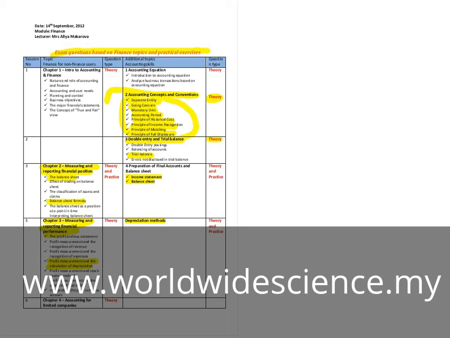Next one, the trial balance: you have 2 theory questions. Next one, about measuring and reporting financial reports based on the balance sheet, you have 3 questions.